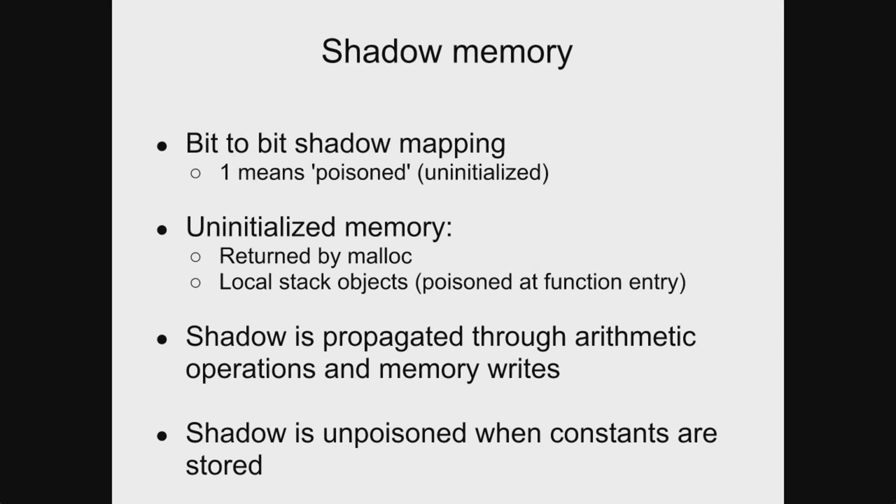When you enter a function, if you have a local stack object, it starts from being poisoned. We have to propagate this poisoned bit through arithmetic operations. I'll show you why later. And once a constant value is written to a memory location, the corresponding shadow is unpoisoned, meaning that we have initialized it.